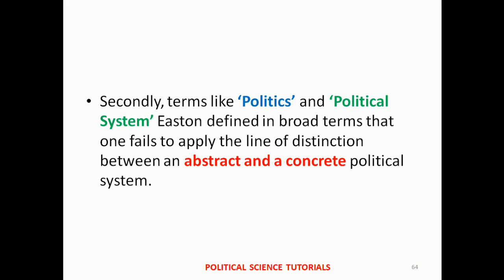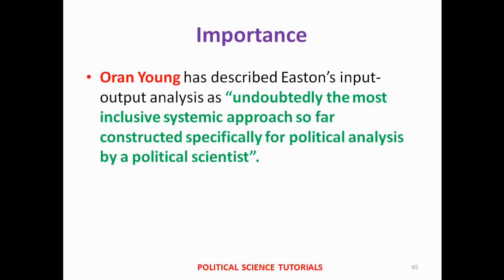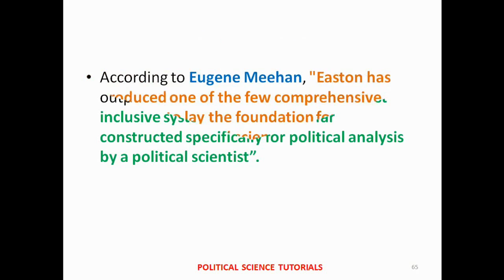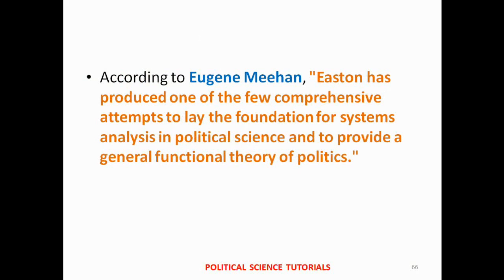Though these points cannot be ignored, thinkers like Oran Young described Easton's input-output analysis as undoubtedly the most inclusive systemic approach so far constructed specifically for political analysis by a political scientist. According to Eugene Meehan, Easton has produced one of the few comprehensive attempts to lay the foundation for systems analysis in political science and to provide a general functional theory of politics.